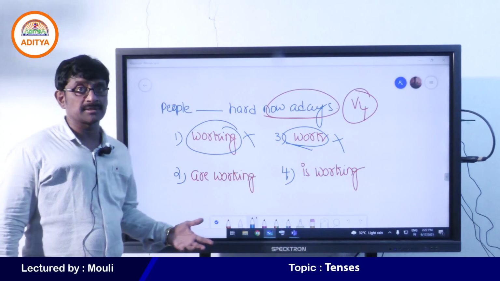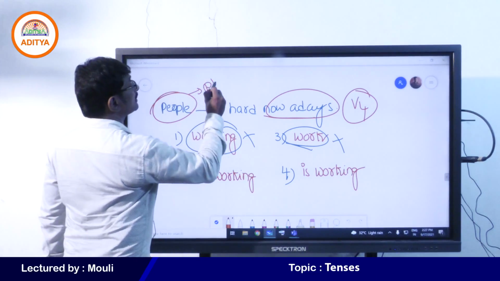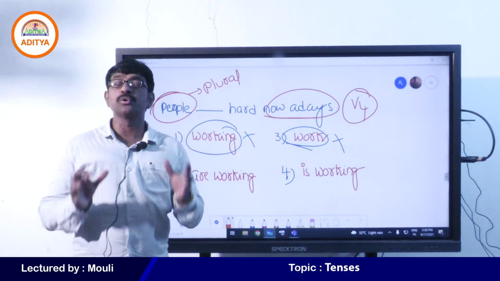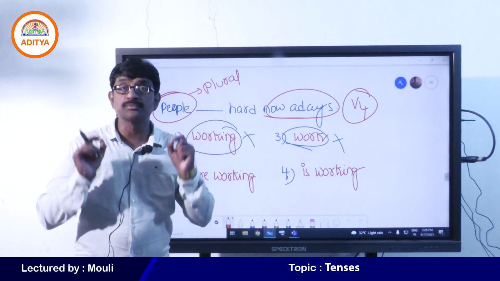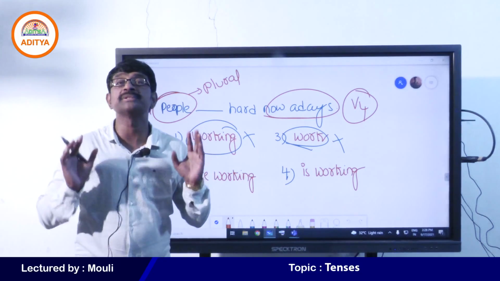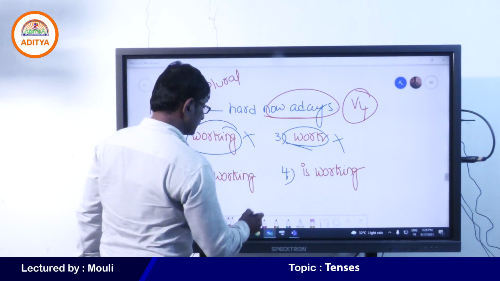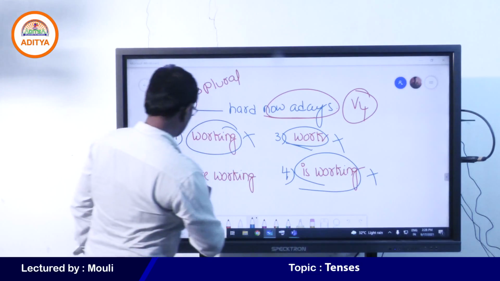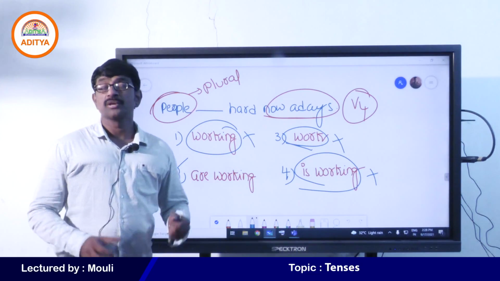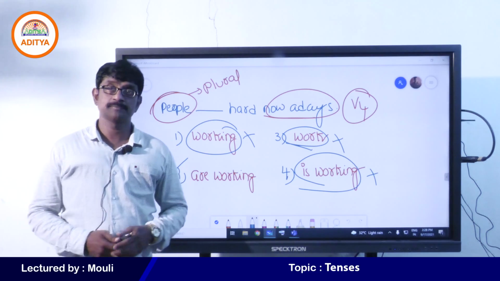So two choices are there. People, what is people here? People is a plural word. In plural, S is not there. So we don't want an S verb, that means a verb that ends with S. So we want this. People are working hard nowadays.